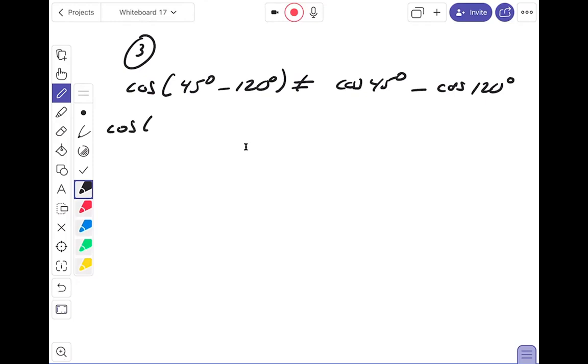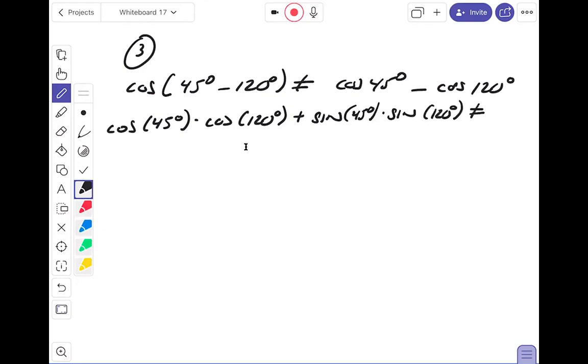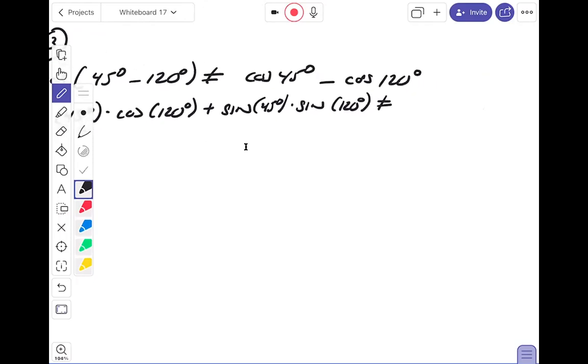This is going to be cosine 45 degrees times cosine 120 degrees plus sine 45 degrees times sine of 120 degrees. And they're saying this is not equal to, I'm going to move this over a little bit, cosine 45 degrees minus cosine 120 degrees.